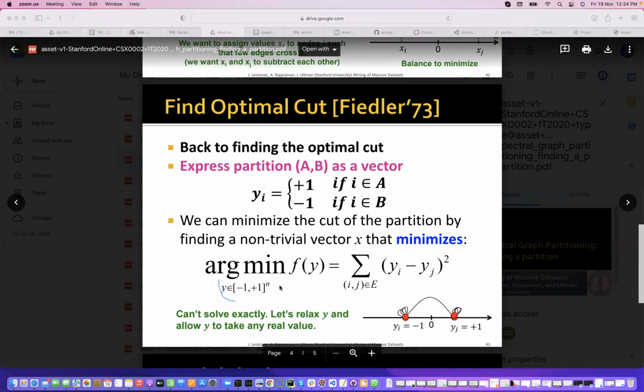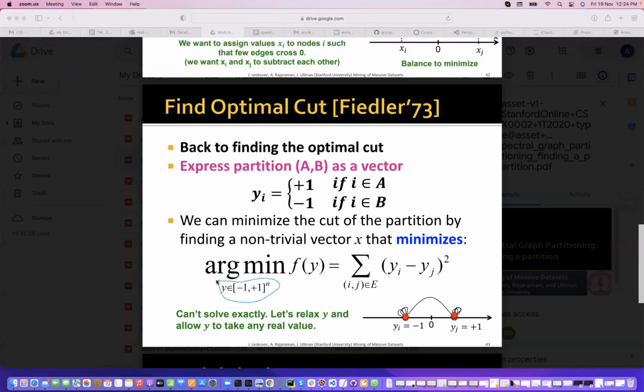What is the meaning of this? Y is an n-dimensional vector, and its values are either -1 or +1.